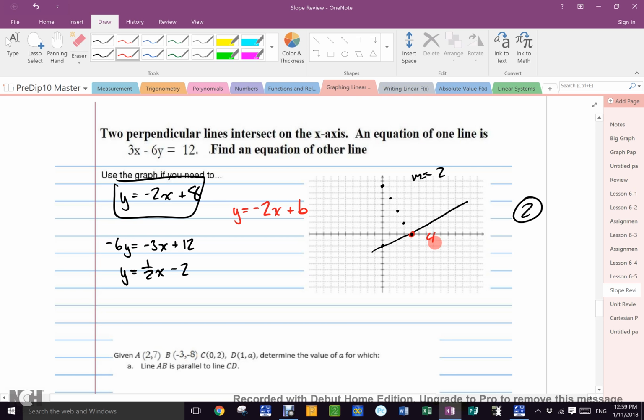So since that's (4, 0), what is that? x. What is that? y. So 0 must equal negative 2 times 4 plus b. Negative 2 times 4 is negative 8, plus b equals 0. So b must equal 8. So I put an 8 there.